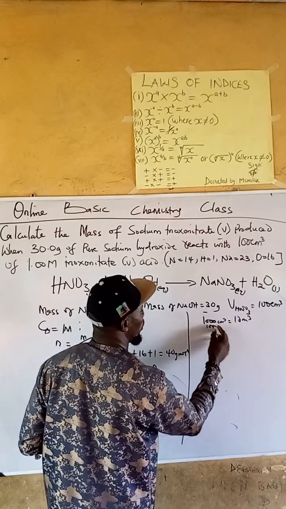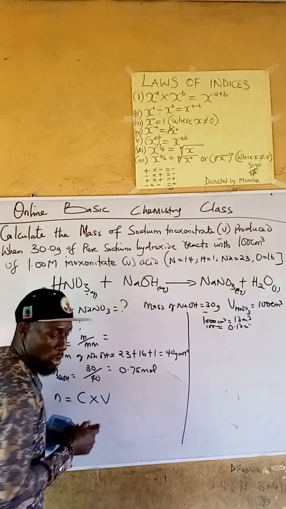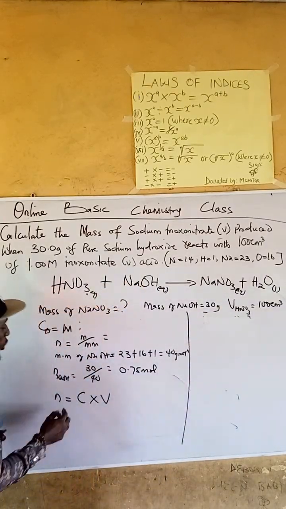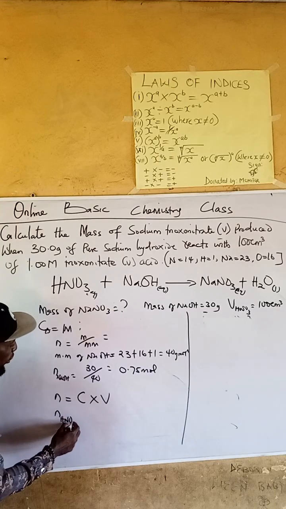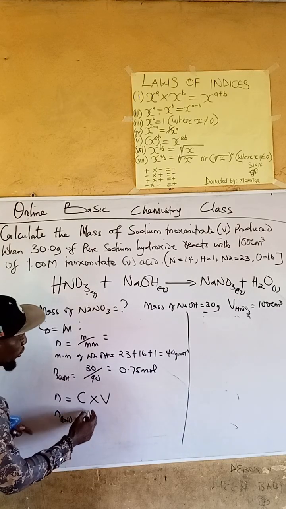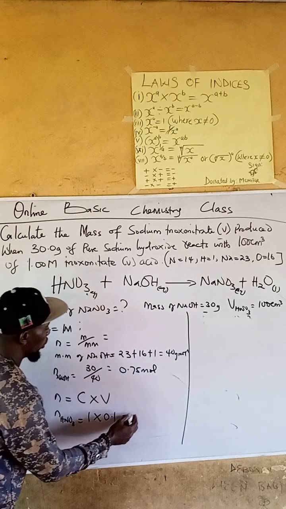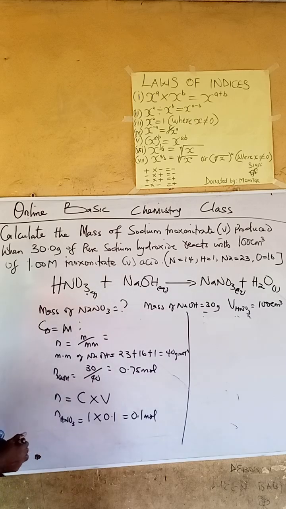Then 100 cm cubed will be equal to 0.1 dm cubed. So the number of moles of HNO3 will be equal to concentration, 1, times volume, 0.1. So we are getting 0.1 mole.